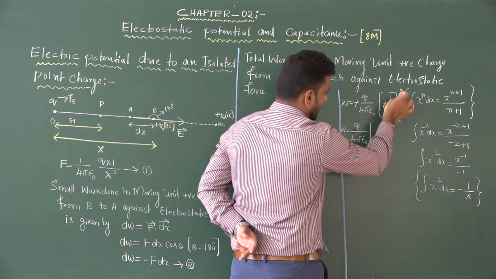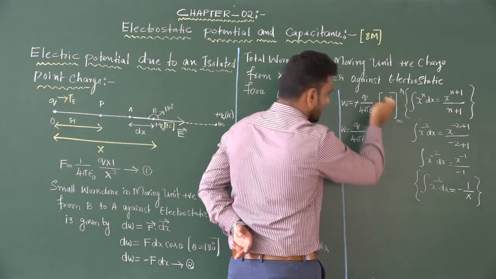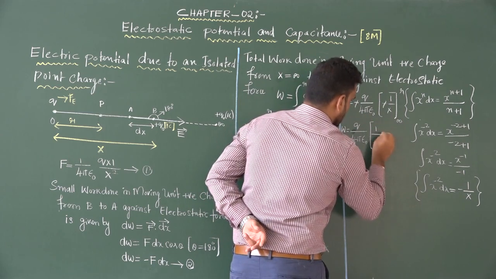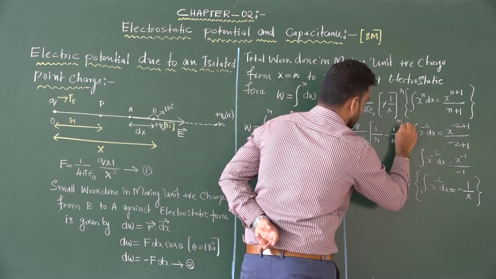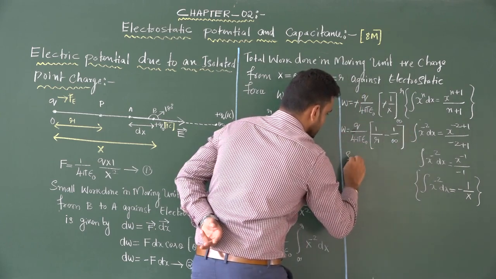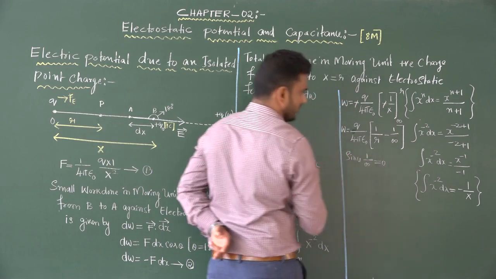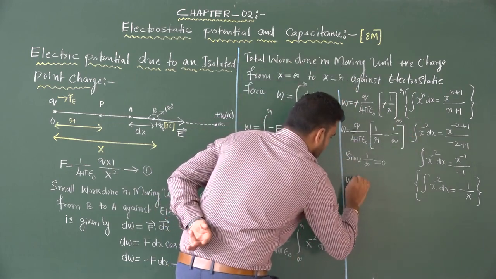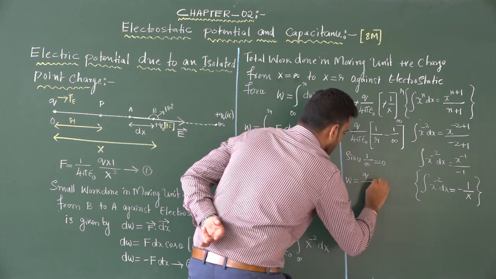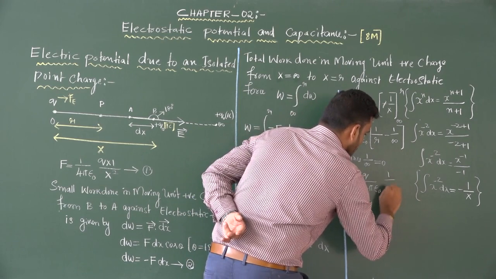To the variable I am substituting the upper limit, minus the lower limit. So 1 over r minus 1 over infinity. Since 1 over infinity is 0, we can leave this. The remaining thing, W is equal to Q divided by 4 pi epsilon naught, 1 over r.